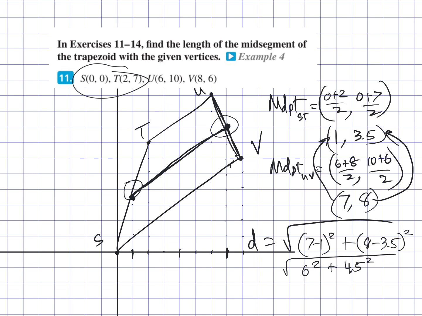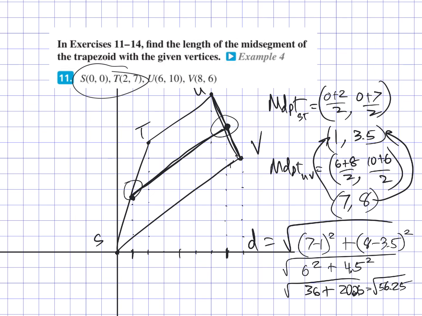You got to square those. So you're looking at the square root of 36, and 4.5 squared is 20.25. Use your calculator. All right, 36 plus 20.25 is the square root of 56.25. All right, so we got to take our calculator and do the square root. Let me see here.